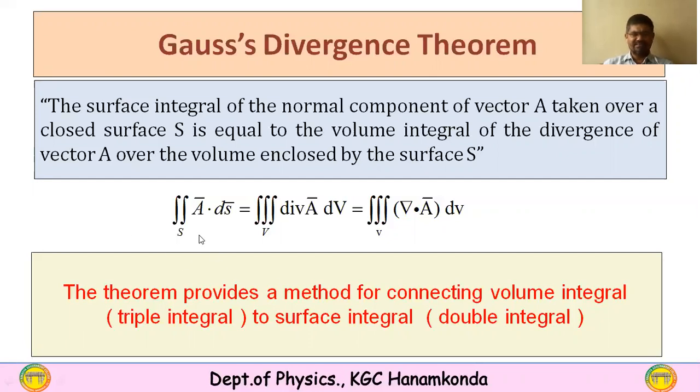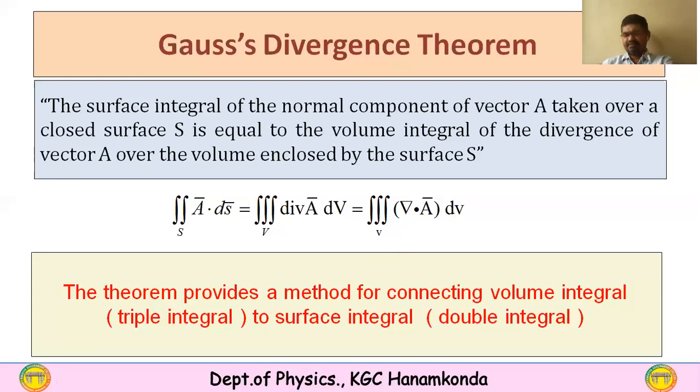Mathematically, it is written as the double integral over a closed surface S of A bar dot dS bar, equals the triple integral over volume V of the divergence of A bar dV, that is, del bar dot A bar dV. This is Gauss divergence theorem.